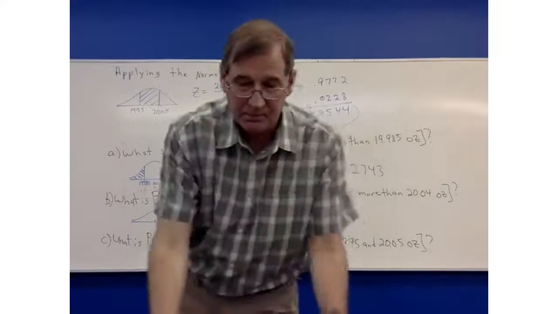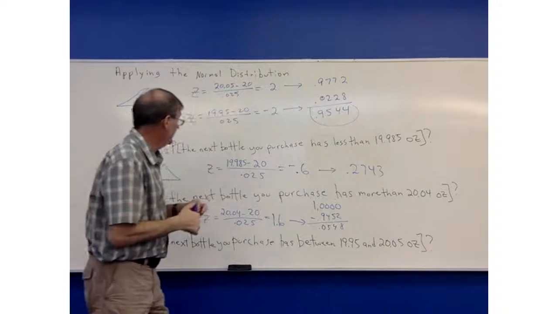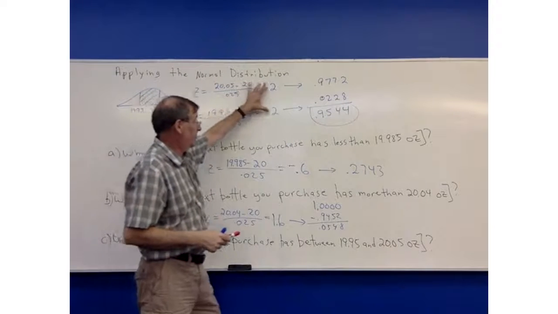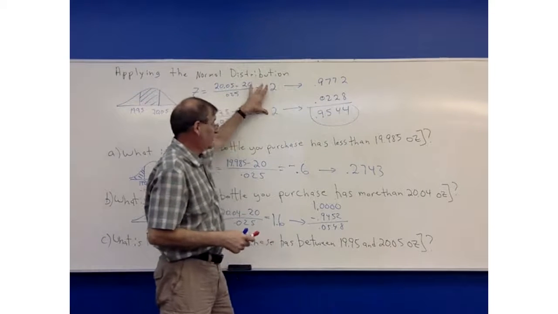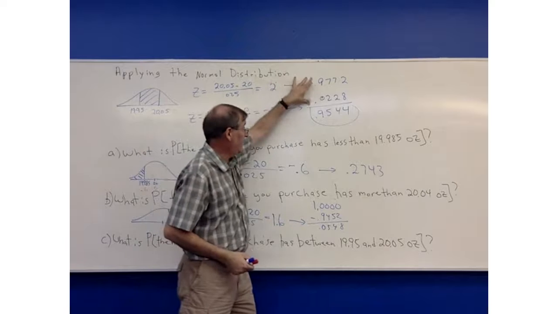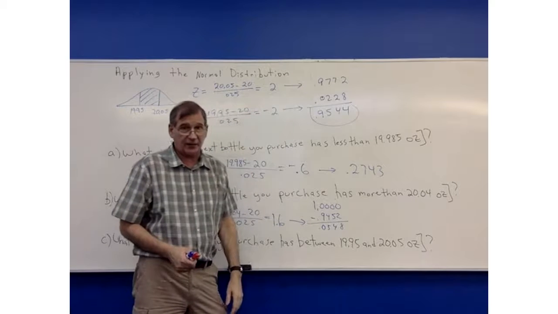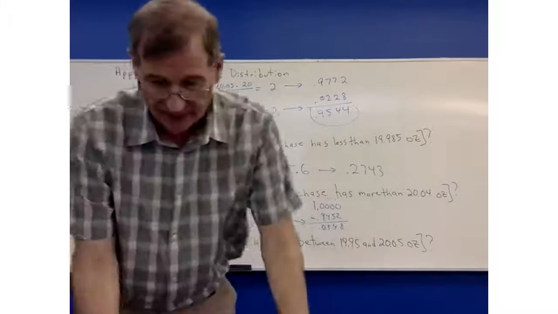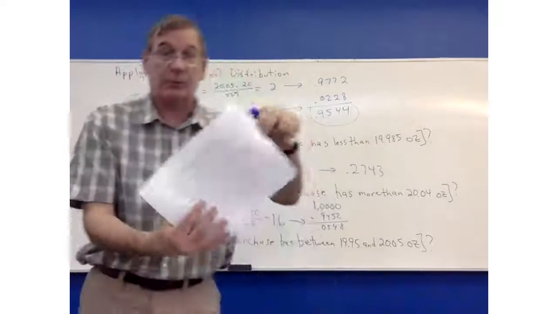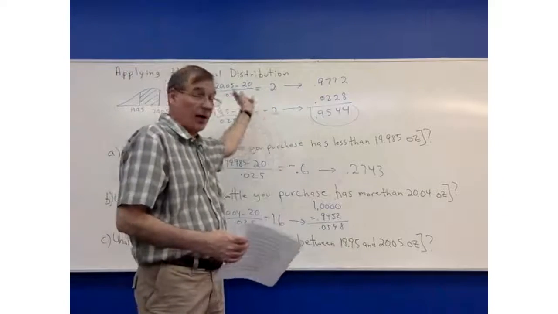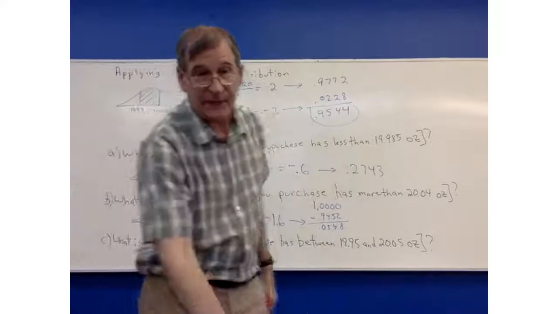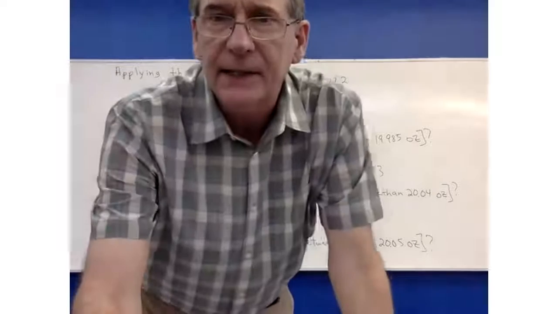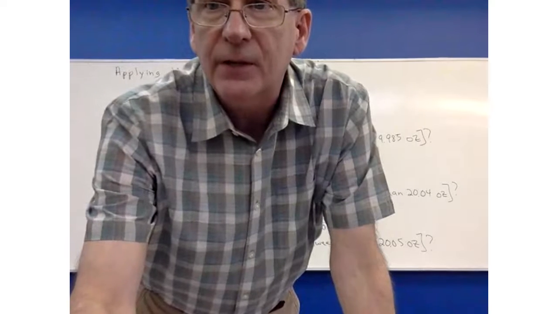Now, what I mean by this works out real nicely: you calculate these two numbers, you look these up, and then they're already in position to subtract. And there's your answer sitting right there. That's how you apply the standard normal distribution to any problem out in the world. That's how it's done. Okay, let's pause there for a moment.